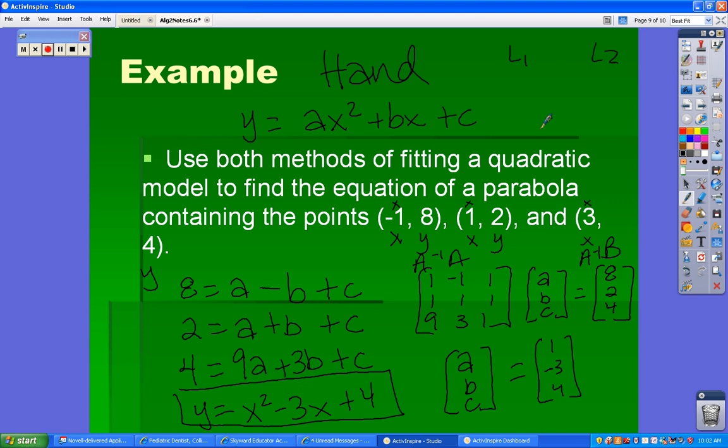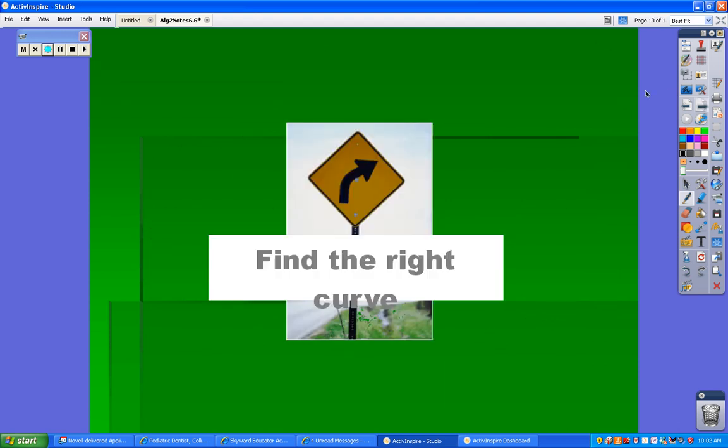L2, enter 8, 2, and 4. And you can do the stat, calculate quadratic regression. You should get the same equation. Okay, so check that out, and if there's any problems with that, you're going to ask me that tomorrow. And find the right curve. So that's your notes for this section, and I wish you good luck on your homework.